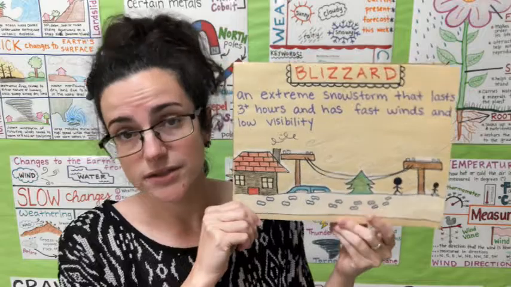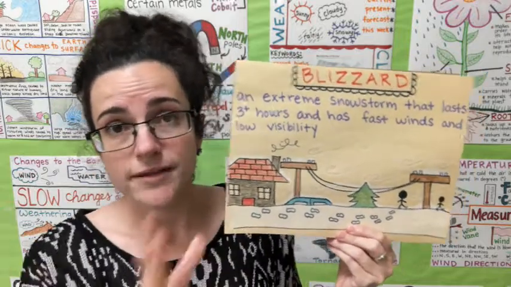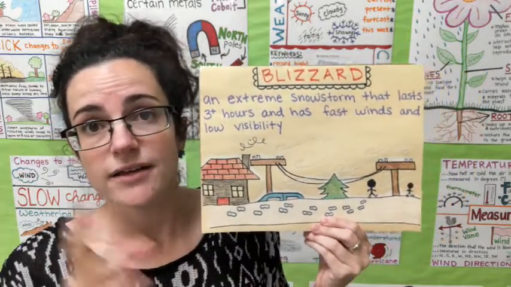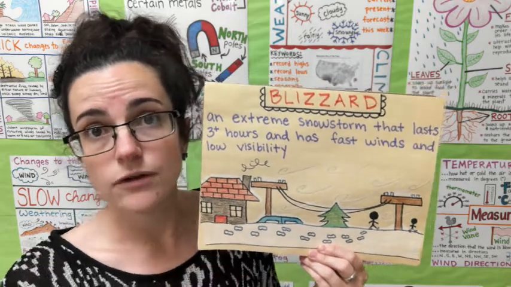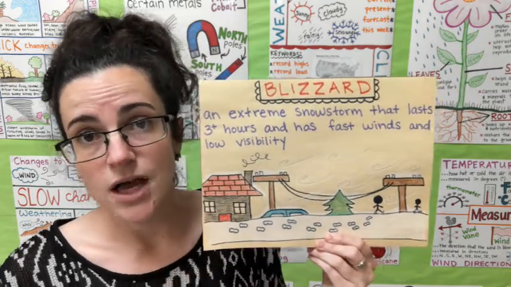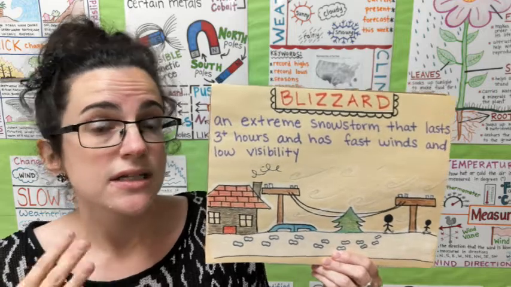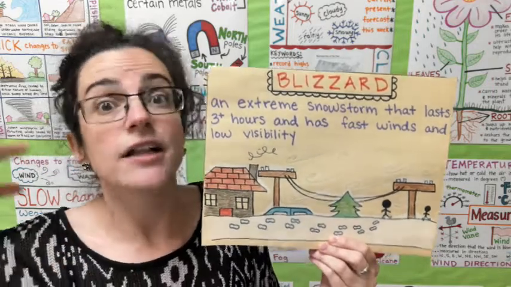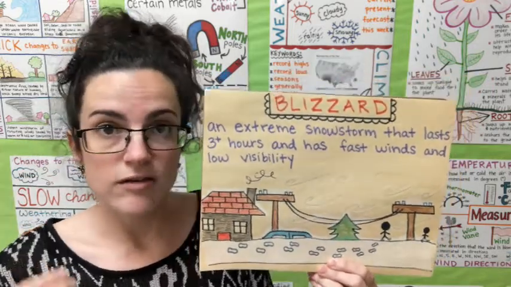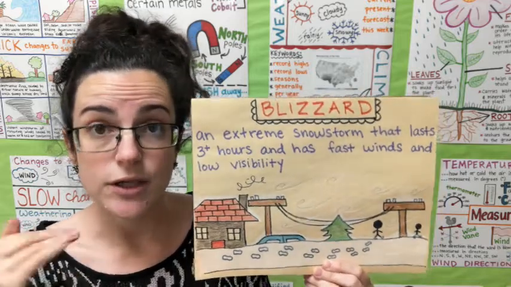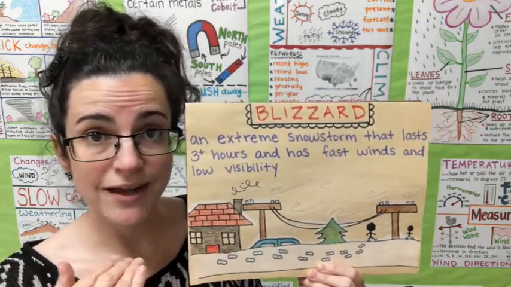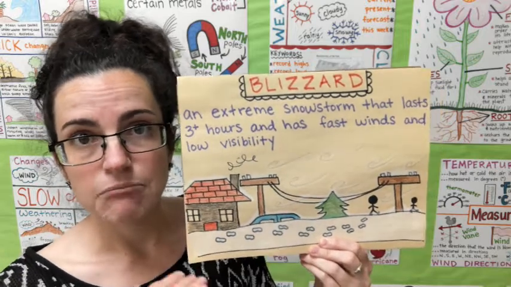So with a blizzard, we get those winds blowing all of that snow all over the ground and around us. A blizzard doesn't necessarily mean a lot of snow, but for a lot of blizzards, you will get a good amount of snow blowing and then settling and then piling up.